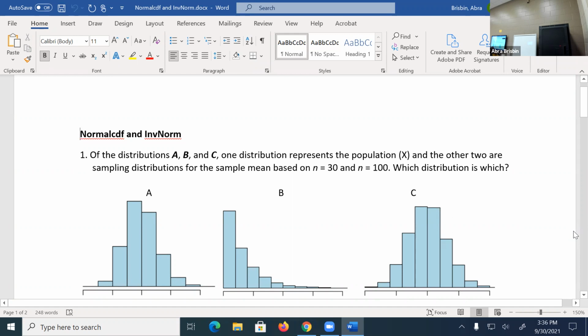Was that just the same thing? So that's an interesting perspective, but it's not what this question is trying to get at.